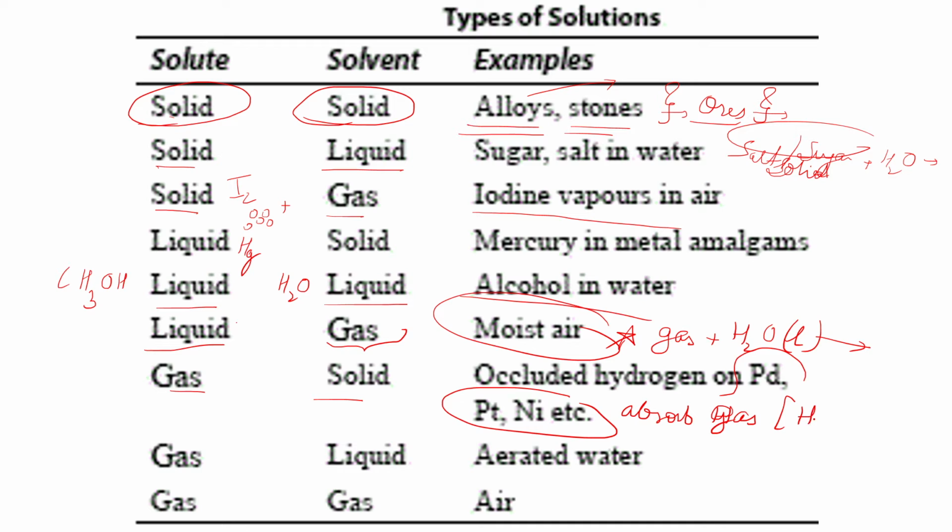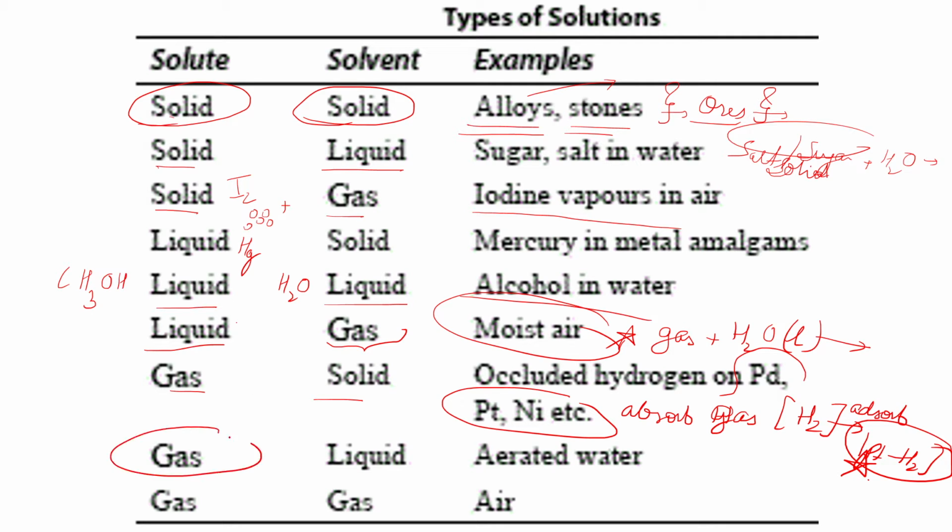Generally, they are used as catalysts in hydrogenation kinds of reactions, and in that they absorb hydrogen gas. So platinum with absorbed hydrogen could be considered a solution of a gaseous solute, that is hydrogen, and a solid solvent, that is the metal.